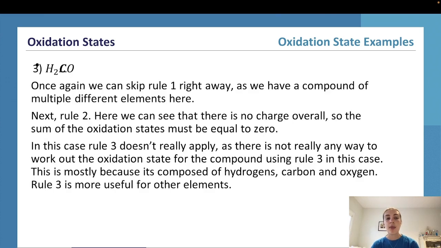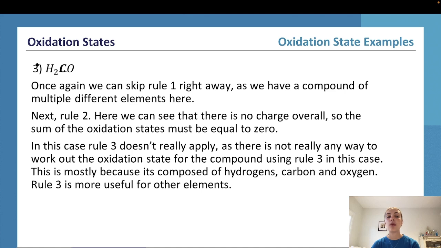Our next example that we've got is hydrogen carbonate, and so once again we're going to skip rule 1 straight away because we have a compound which has multiple different elements in it. So we immediately have crossed off rule number 1 there because we've got various different elements.